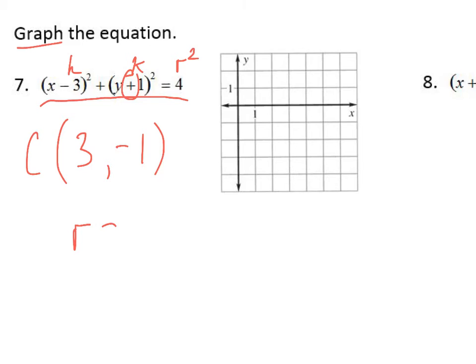And my radius is just going to be 2. So when I graph my circle, it's going to be at (3, -1), and then my radius is 2. So I'm going 2 points up, 2 points to the right, 2 points down, and 2 points to the left. Then I just want to roughly sketch my circle using those points.